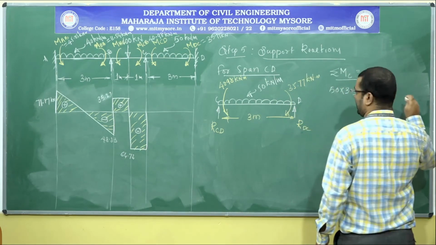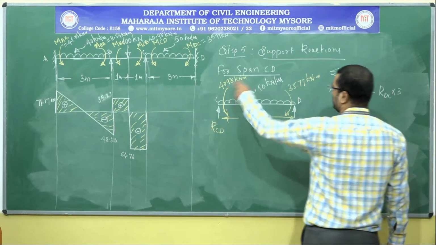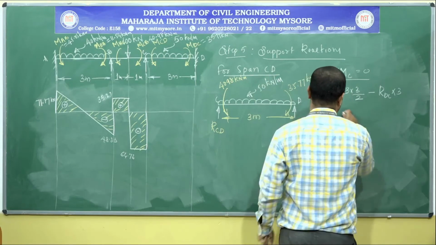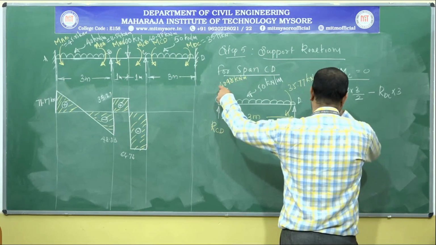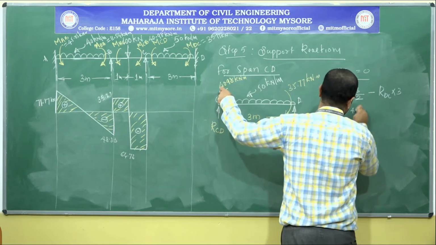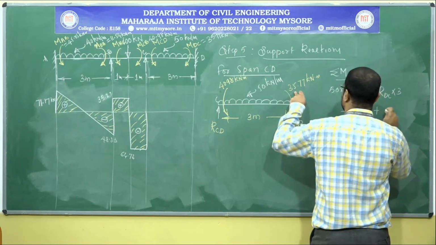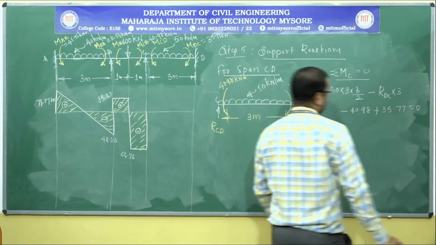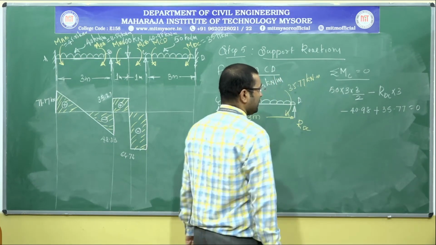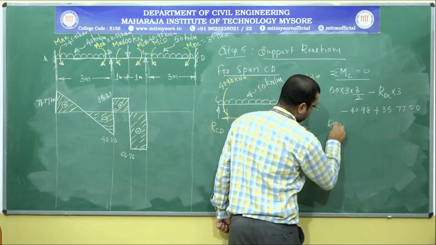RDC into perpendicular distance 3. Apart from these two, we have two moments, one is clockwise and another one is anticlockwise. So this is anticlockwise moment, so it is minus 40.98, and this is a clockwise moment, so it is plus 35.77 kilonewton meter.